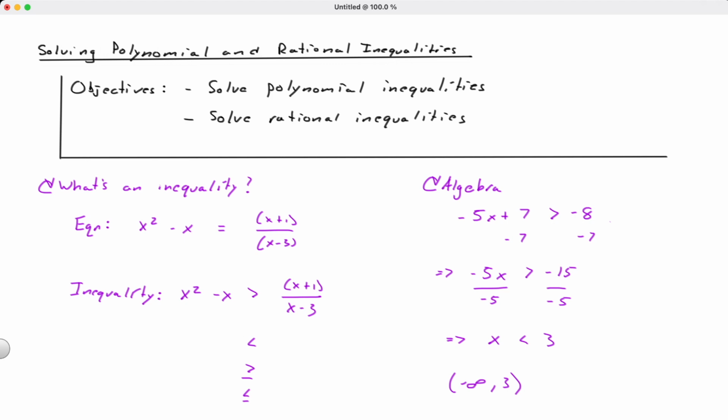However, just like how polynomial equations required some additional skills and techniques in order to solve beyond just the same types of skills and techniques we would use to solve a linear equation, we're going to have to apply some of the techniques and skills that we've learned over the past few videos to solve polynomial and rational inequalities instead of just linear inequalities like this one as well.